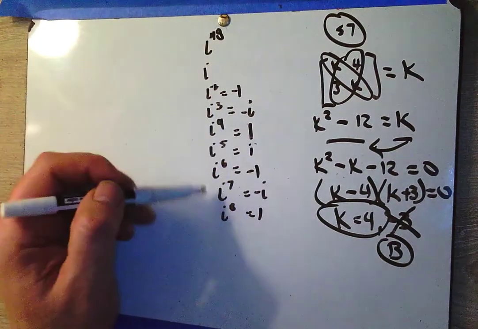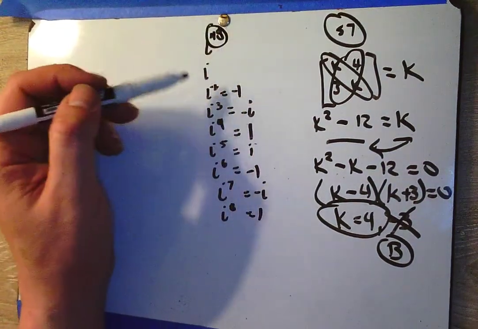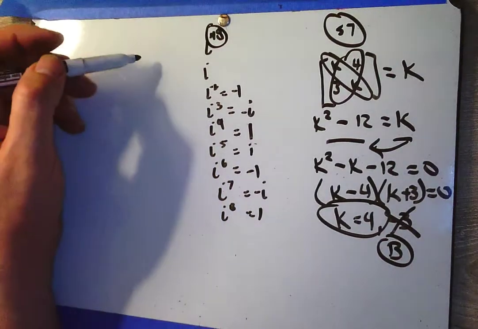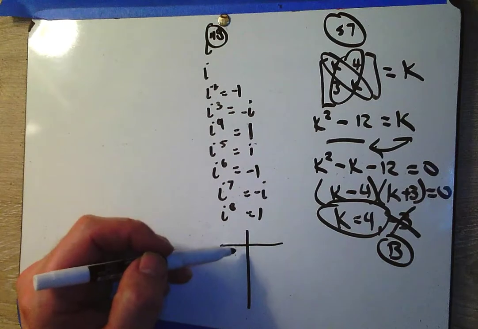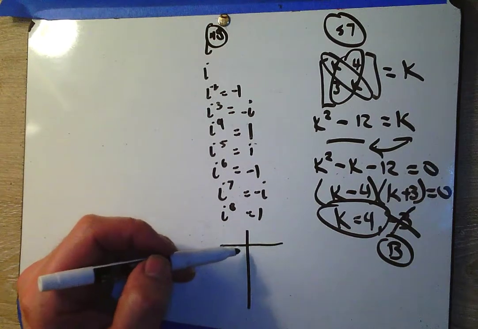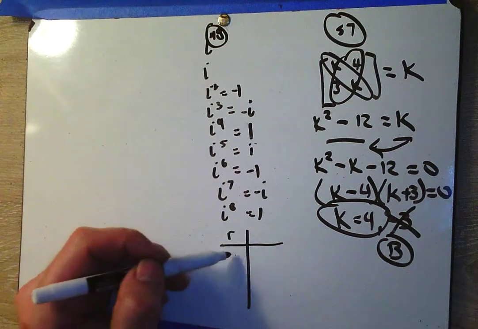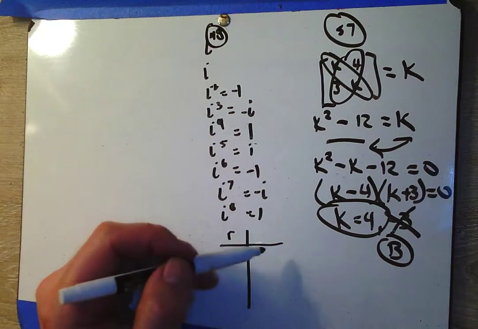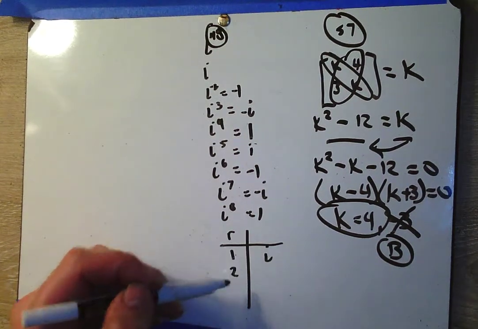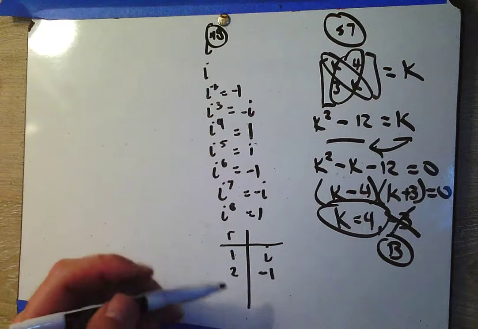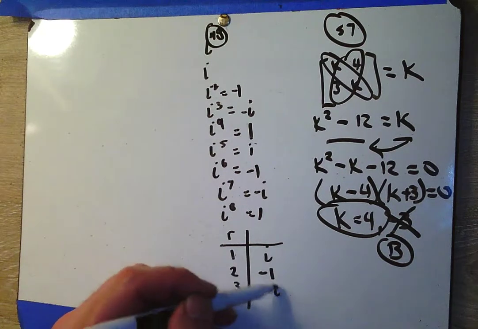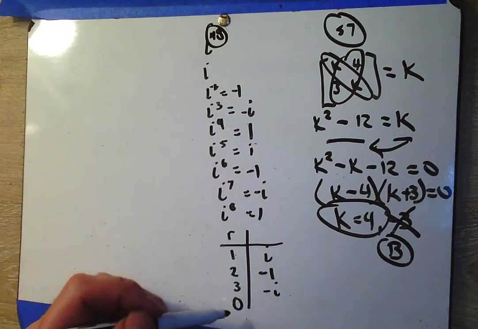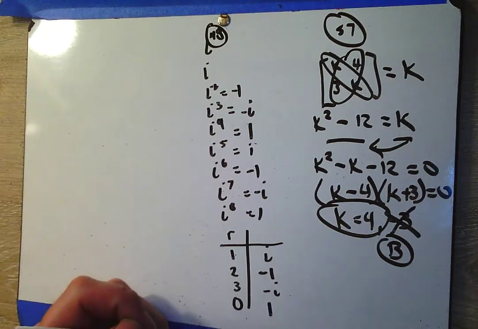And so we said, well, if we divide this power by 4 and look at the remainders, we'll know the value. So when I divide by 4, if I have a remainder of 1, my answer is i. If I have a remainder of 2, my answer is negative 1. If I have a remainder of 3, negative i. And if I have a remainder of 0, the value is 1.